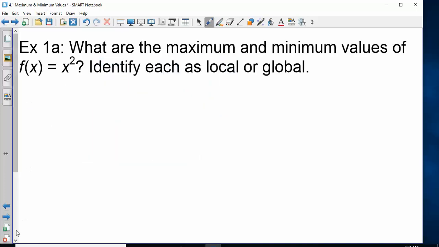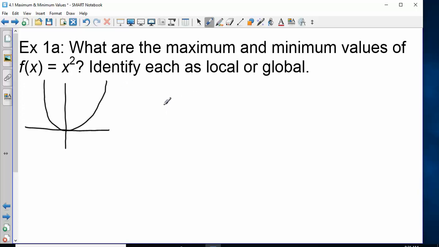So let's start looking at some problems then. What are the maximum and minimum values of f of x equals x squared? Identify them as local or global. Global is the same as absolute. So what's x squared look like? A parabola. That is a really sad parabola, but pretend it's a little better than that.